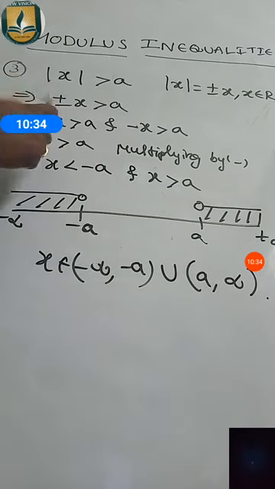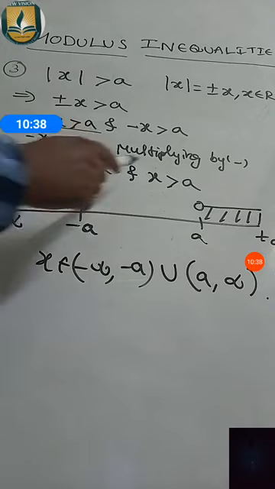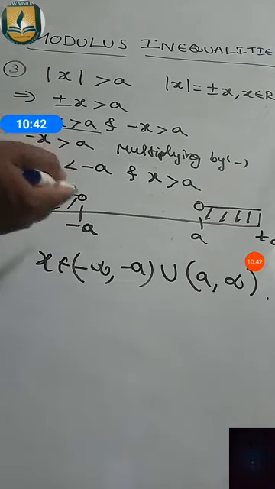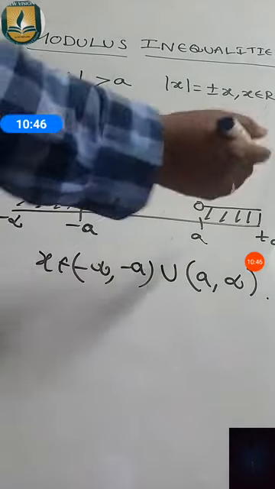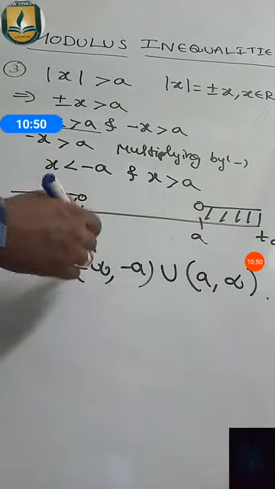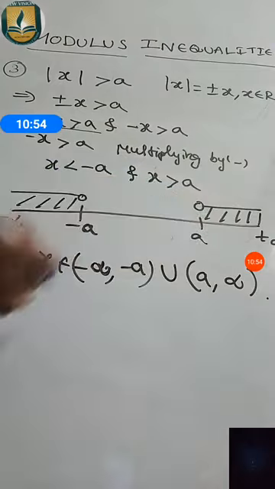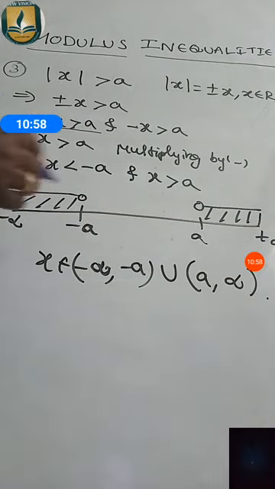And the other one is x greater than a. Those are the required solutions: minus infinity to minus a and a to plus infinity. Therefore x belongs to minus infinity to minus a union a to plus infinity. This is the solution set when modulus of x is greater than a.